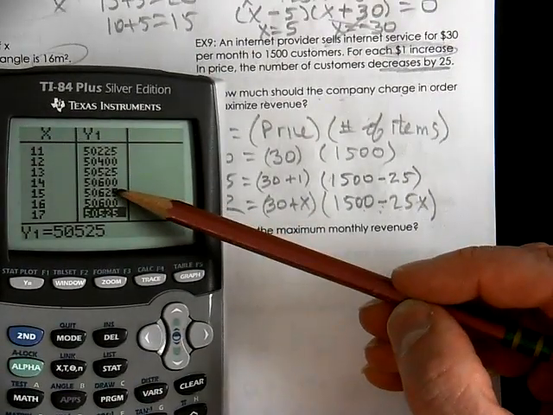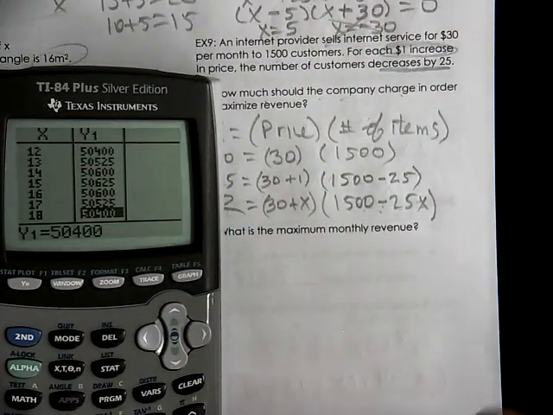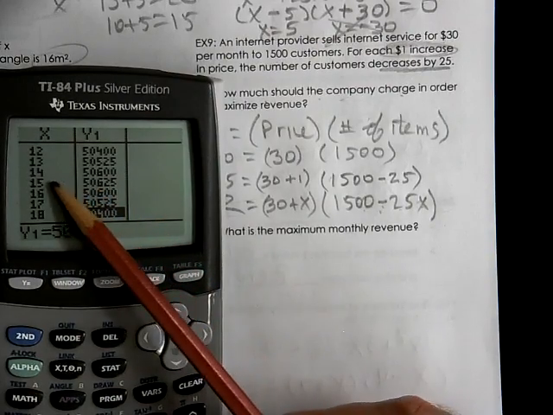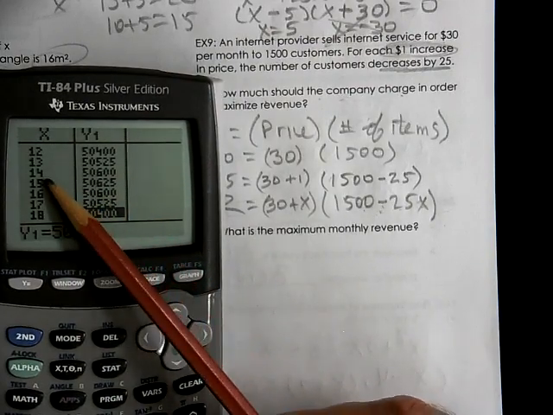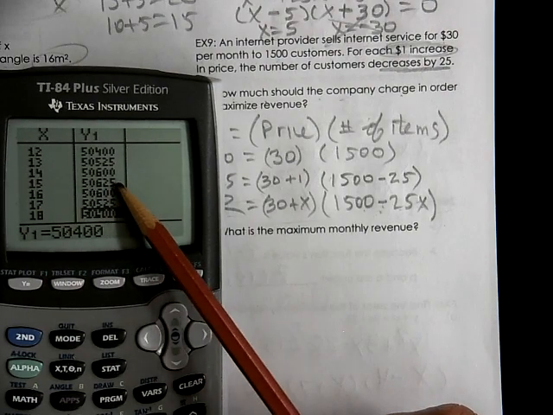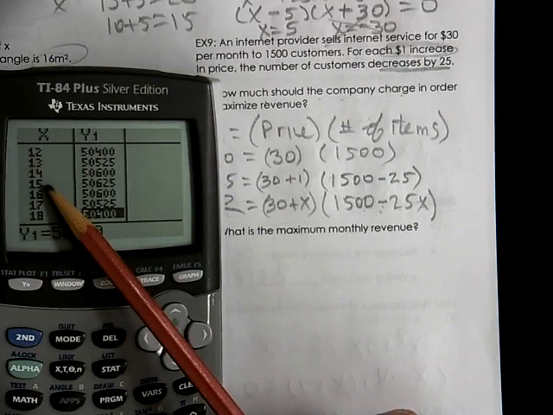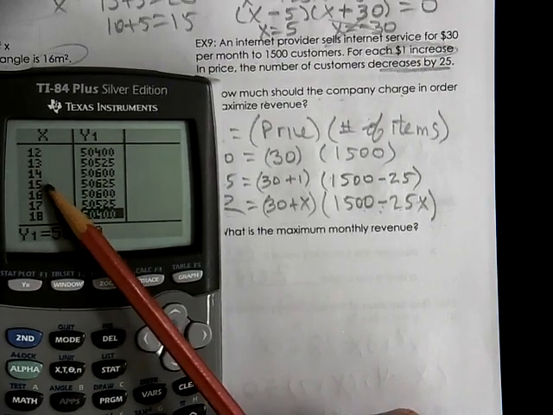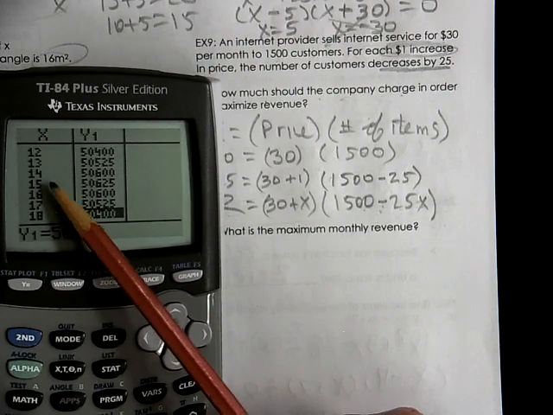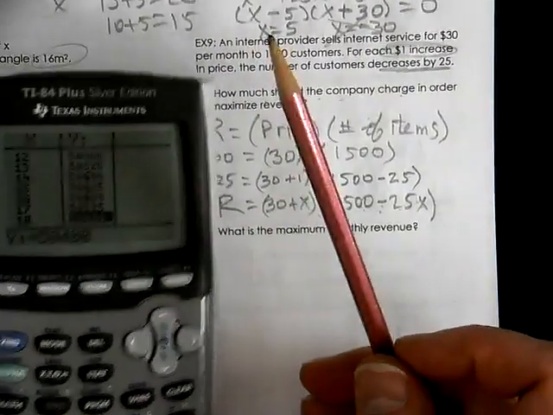When we increase the price by too much, now we start to decrease. So our maximum value, our maximum revenue is $50,625. That's when we take the $30 and we increase it by 15. We take our customers and subtract 25 15 times. We get this profit, this revenue, it's a better term.